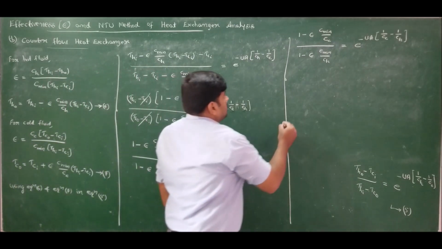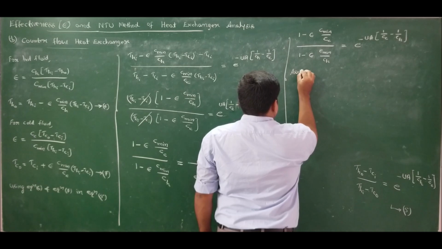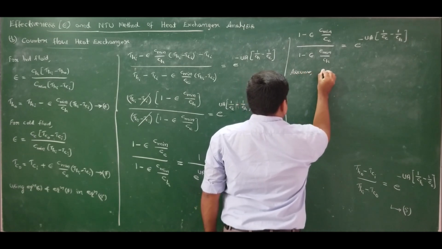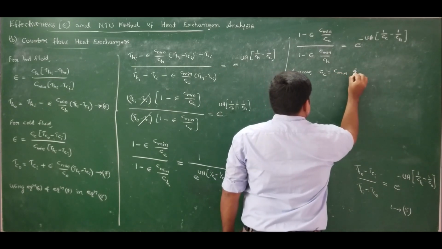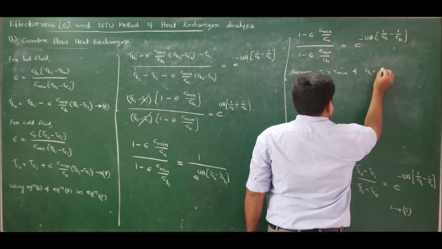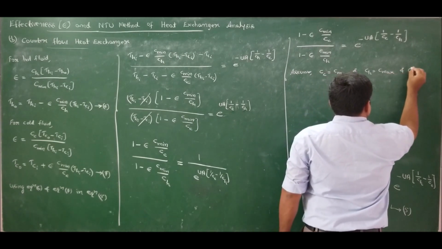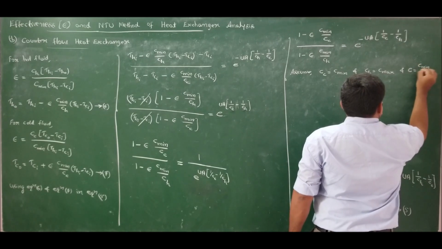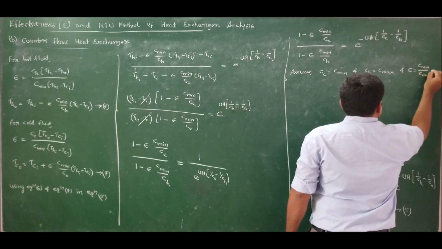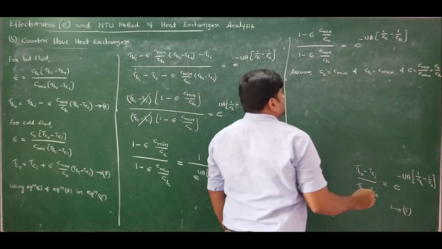Now let us assume the same simplification, that is Cc as C minimum and Ch as C maximum, and the heat capacity ratio as C minimum by C max, hence it will be Cc by Ch.